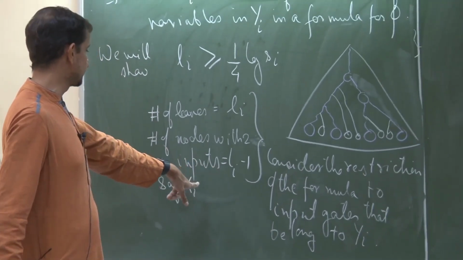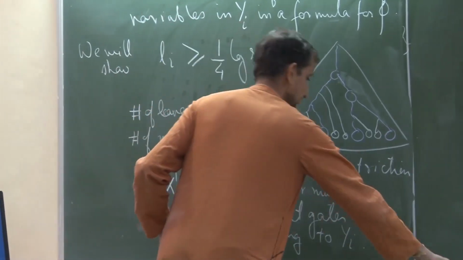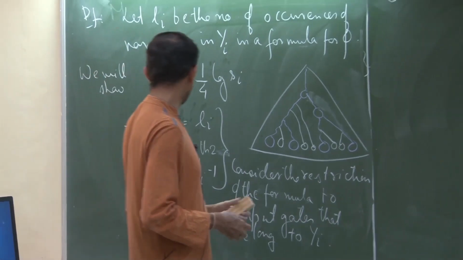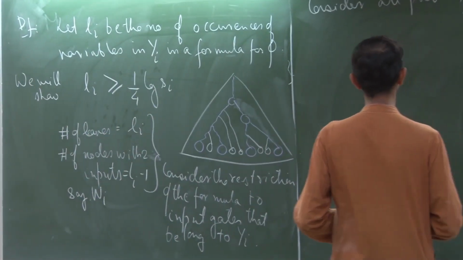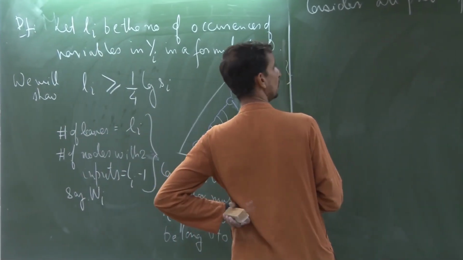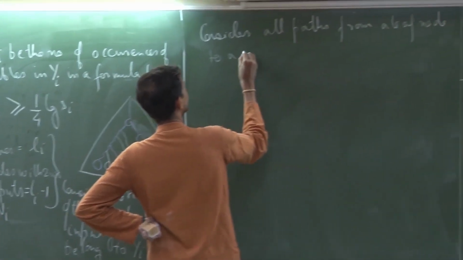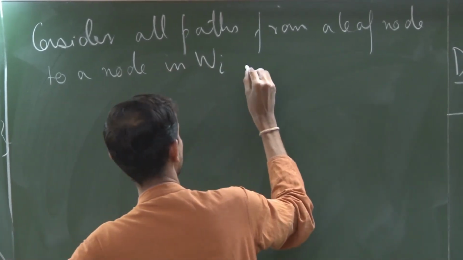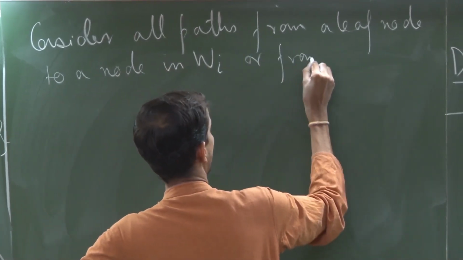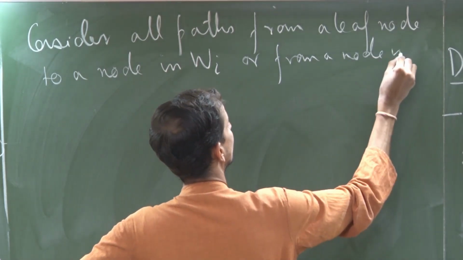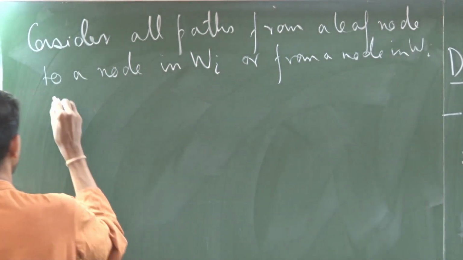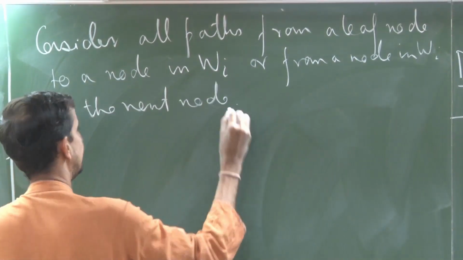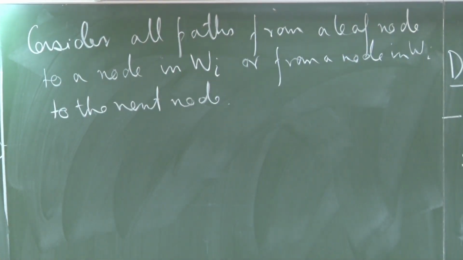Actually x is already used, so let me use w. All these nodes with 2 inputs, let me call them wi. So, consider all paths from a leaf node to a node in wi, or from a node in wi to the next node. Essentially what I am saying is, look at all these paths.